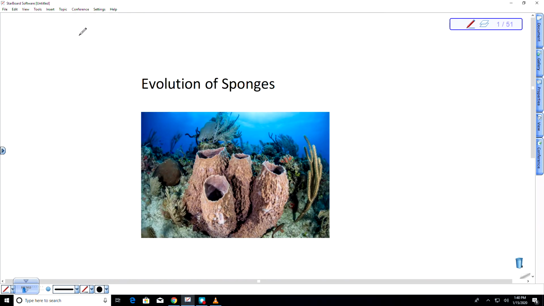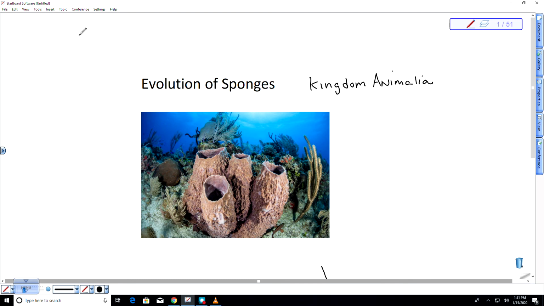Okay, we're a little bit ahead, but we're going to start talking about the different groups of organisms. Remember that we watched a video about sponges, and how sponges are the most primitive animal. So they are actually in the kingdom Animalia. Does anybody know what phylum they are in?